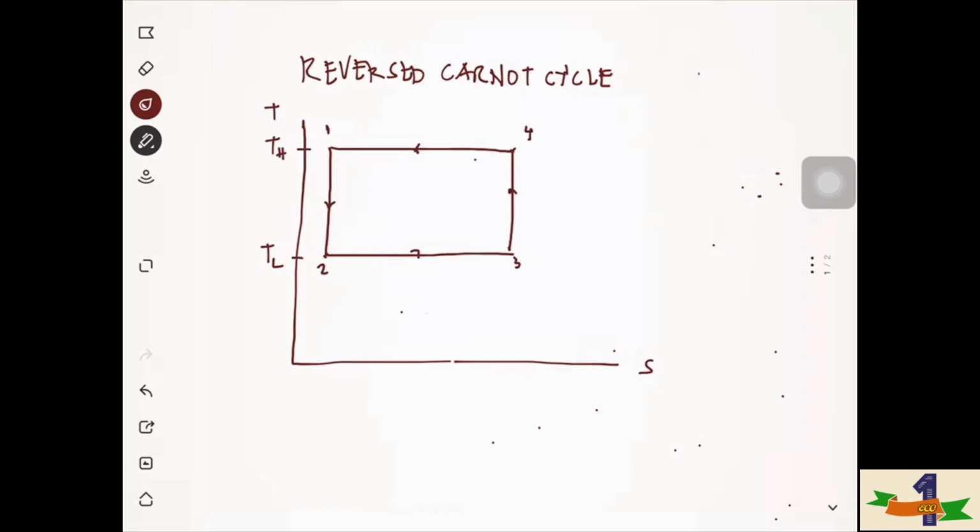It has losses, and the model or the ideal cycle that can be assumed is the Carnot cycle. So here, since we are concerned with lower temperatures or cooling, the cycle is reversed. So then it is called a reversed Carnot cycle.